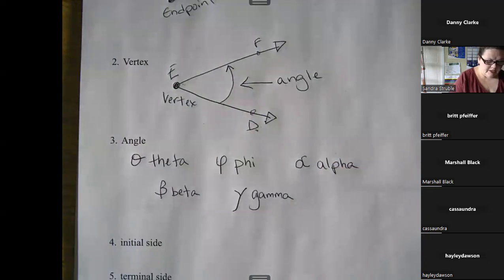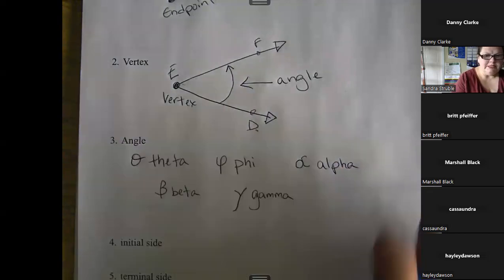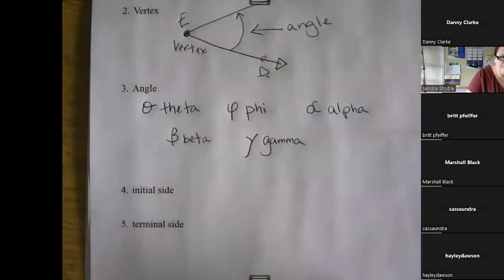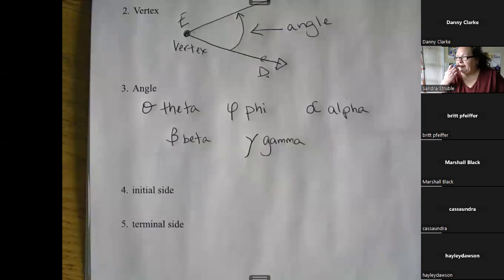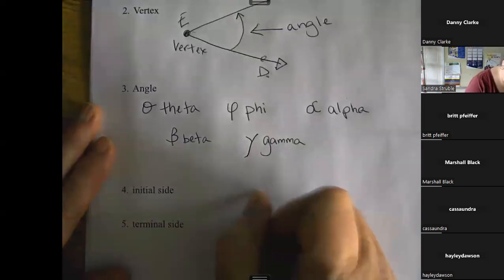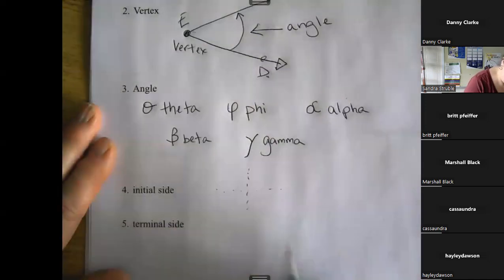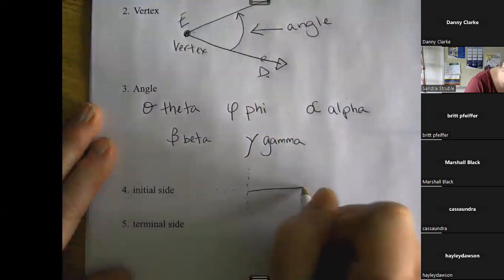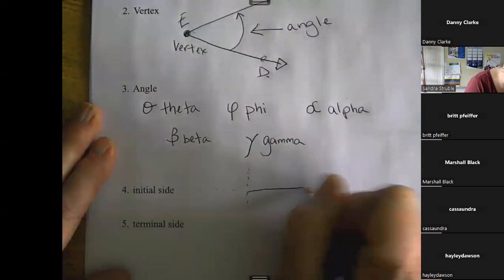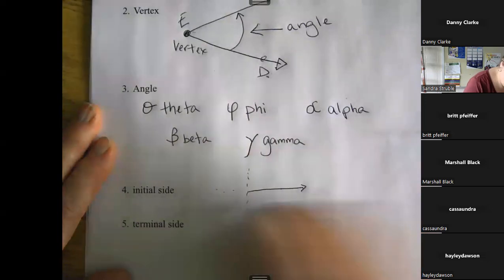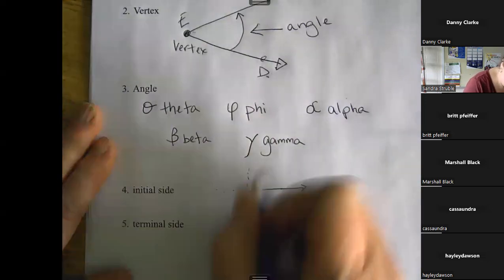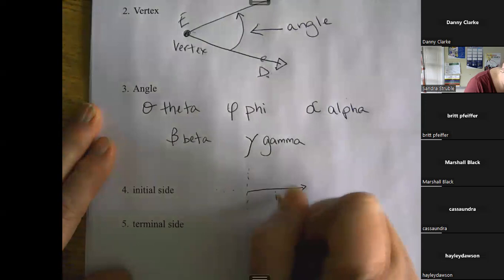Let's talk about another piece of these angles, the initial side and the terminal side. The initial side is where you typically start the first ray, and that's usually on the positive side of the x-axis. So given a Cartesian coordinate plane, this initial direction is towards the positive x's, and this is called the initial side.